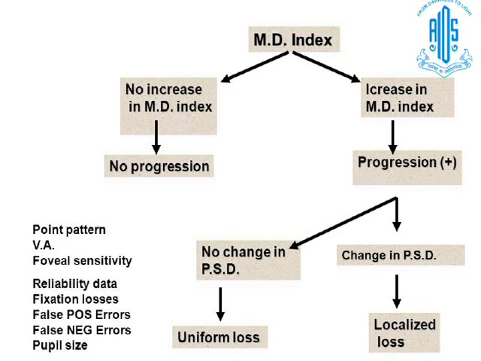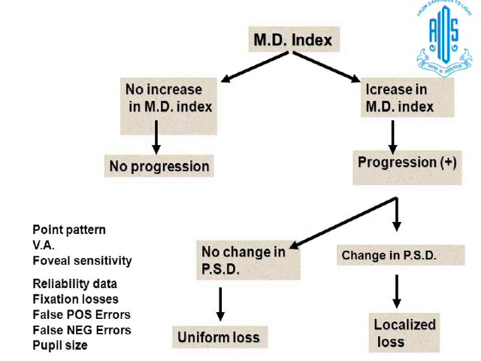Before saying there is an increase in mean deviation, we have to see all these things. What is the pattern between the previous test and the present test? What is the visual acuity in the previous and present tests? What is the foveal sensitivity? If the foveal sensitivity of the previous and present tests is not similar, we have to assess whether the change may be due to improperly given correction.